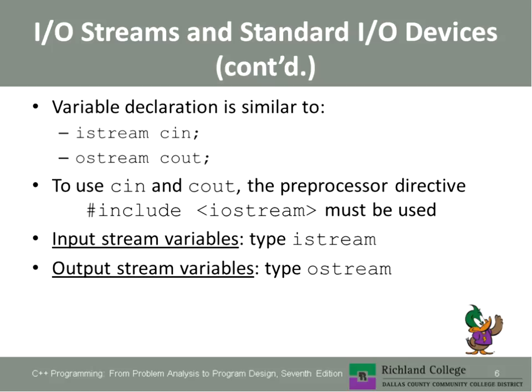The variable declaration is the same thing as with primitive data types, but istream and ostream are not primitive. They have a lot of structure inside. So that's why we included the library. The library is iostream, and that needs to be processed by the preprocessor.